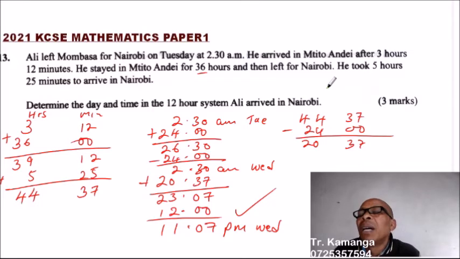In the 24-hour system, we count from midnight to the next midnight. That's the difference between the 12-hour system and the 24-hour system. You should be conversant with that.